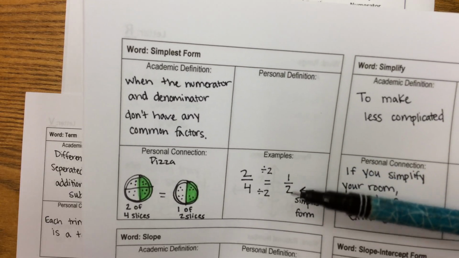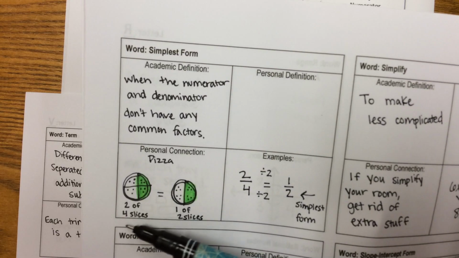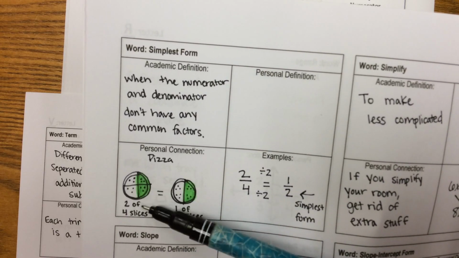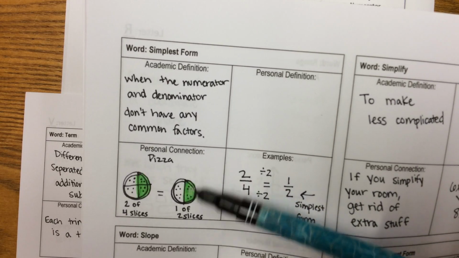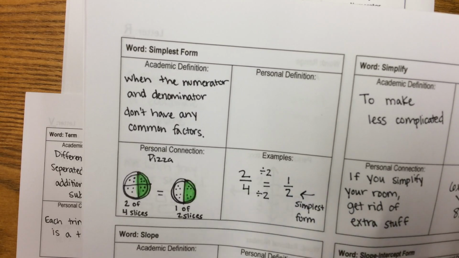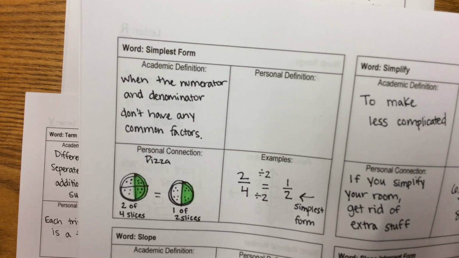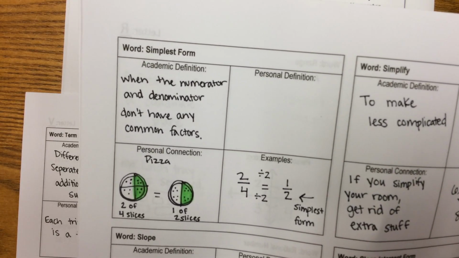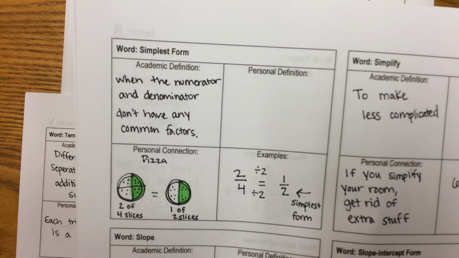So this is simplest form, 1/2. So for example, with pizza, we could say 2 out of 4 slices, that'd be this much. But that's the same thing as 1 out of 2 slices. So we want to make it as less cuts as possible. Okay, personal definition, I write like you can't divide top and bottom by the same number or something like that. That would be up to you.